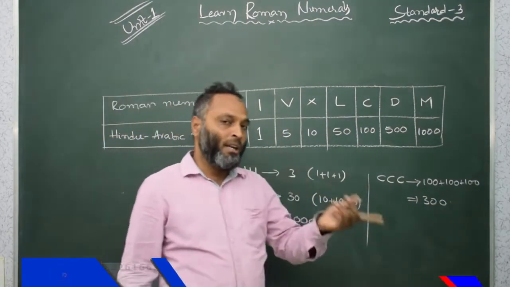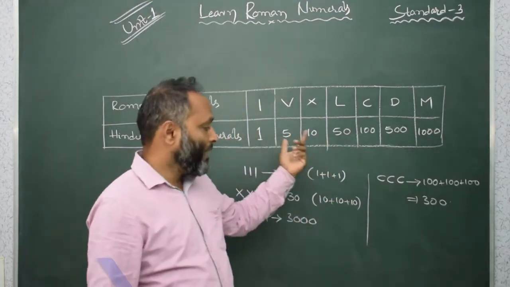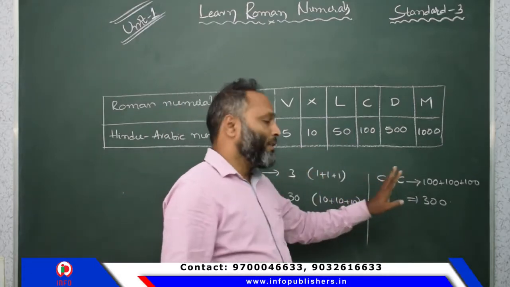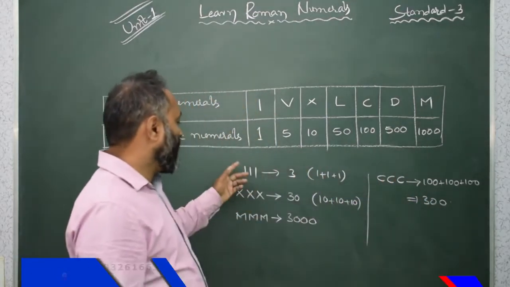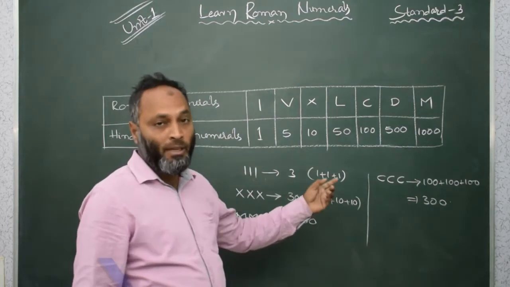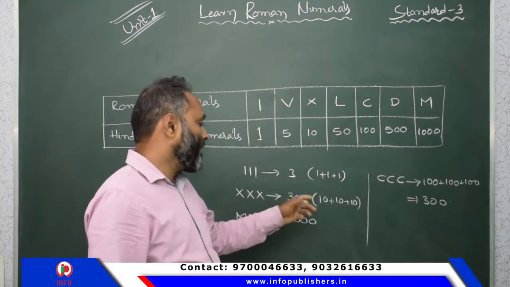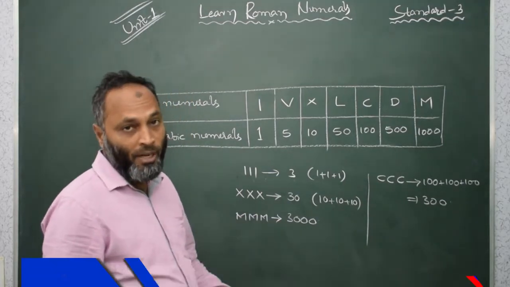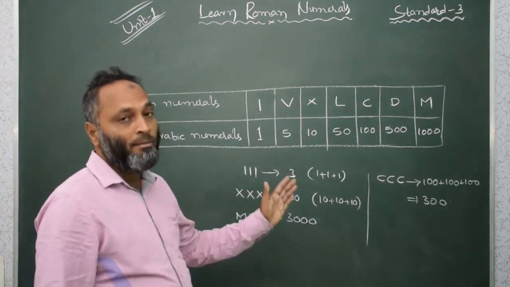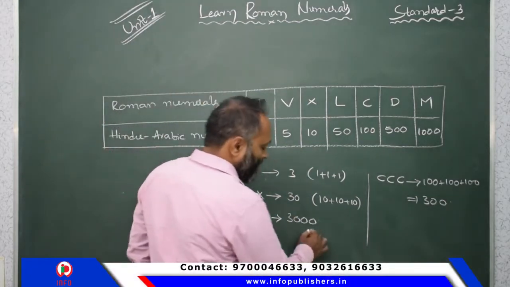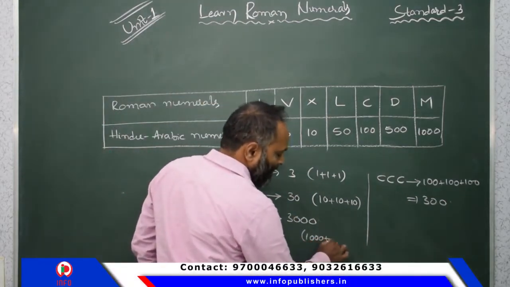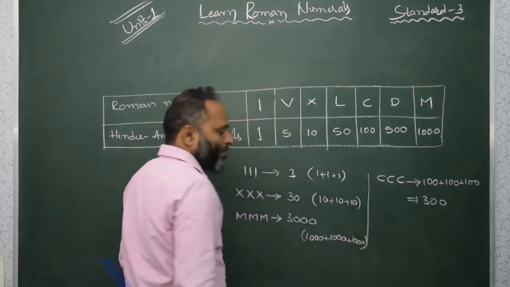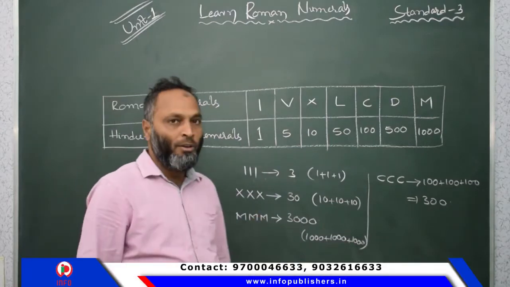Repetition means we have to add. And similarly 1000 is the same: if M repeats 3 times, it is 1000 plus 1000 plus 1000. This is the representation in Roman numerals.